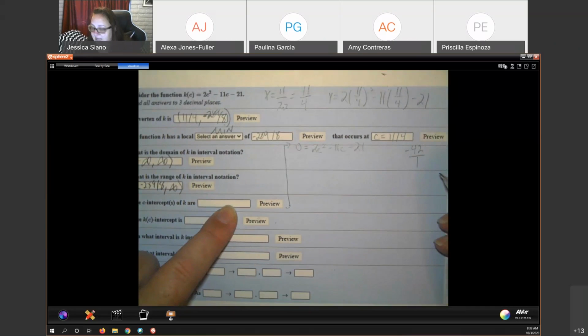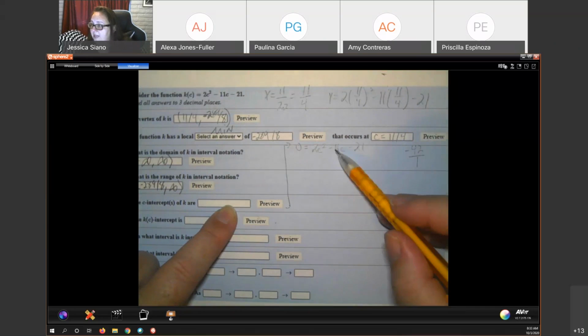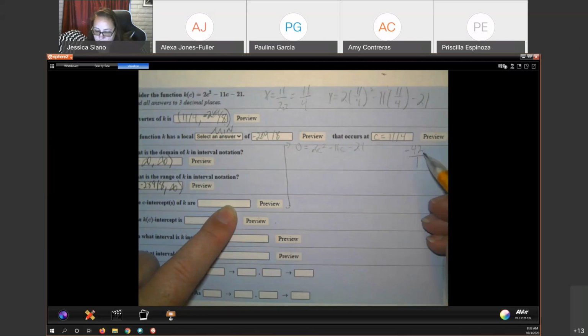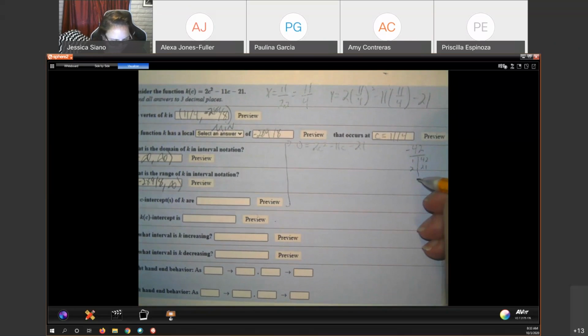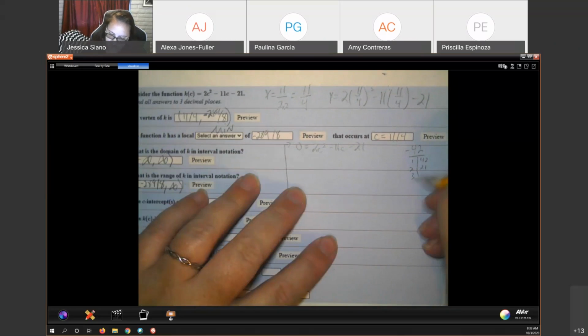Two numbers that multiply to -42 and add to -11. 3 and 14. There we go.